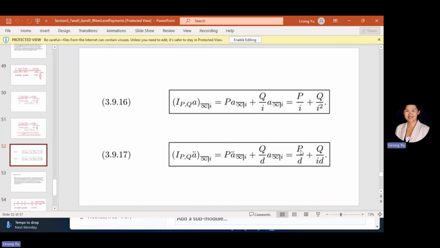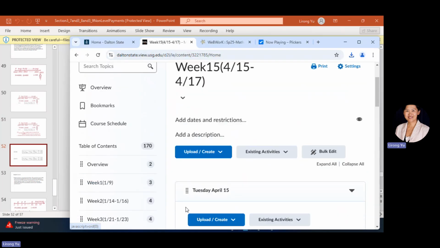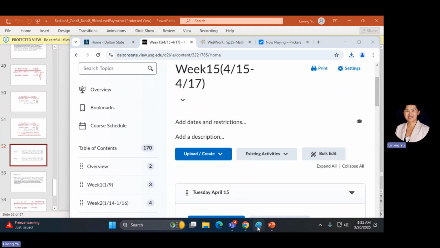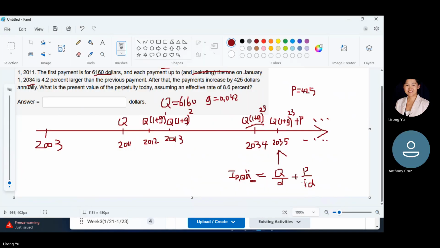P is the initial payment, Q is the increment, but in this example I switched. So this is supposed to be the initial payment, so it's Q times 1 plus G to the power of 23 in my version, because that was the initial payment.